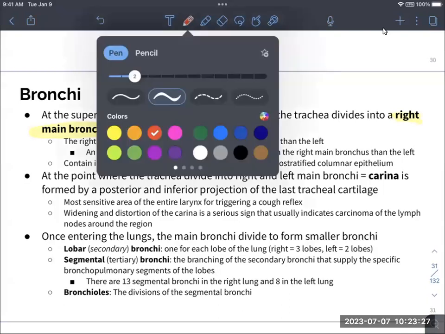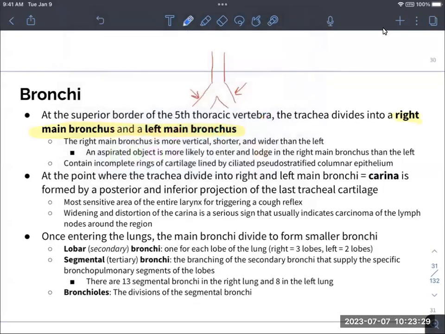At this point right here, where the split happens, that is known as the carina. This is actually the most sensitive area of the entire larynx. Something hits this carina, it's going to trigger you to cough.